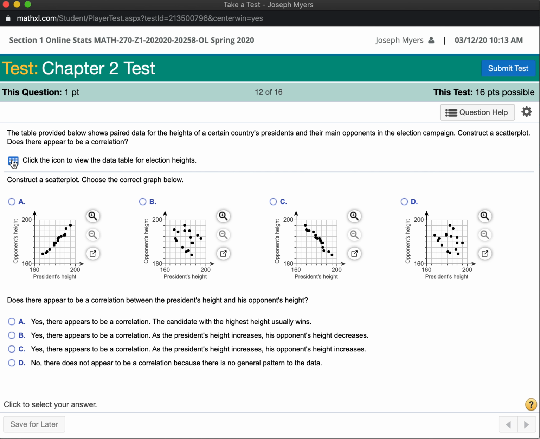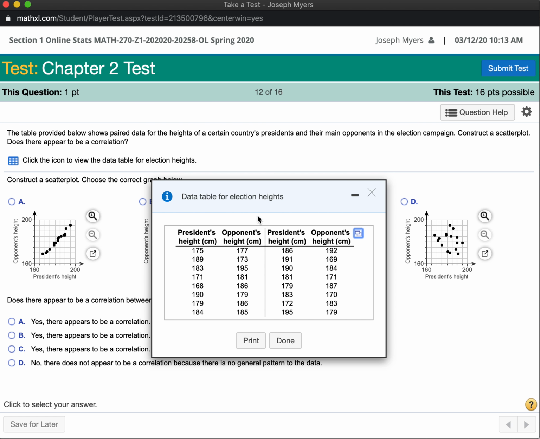So here is some data. Notice that, let's see, what is the lowest value of the president's height? 168. And the highest president's height is 195.